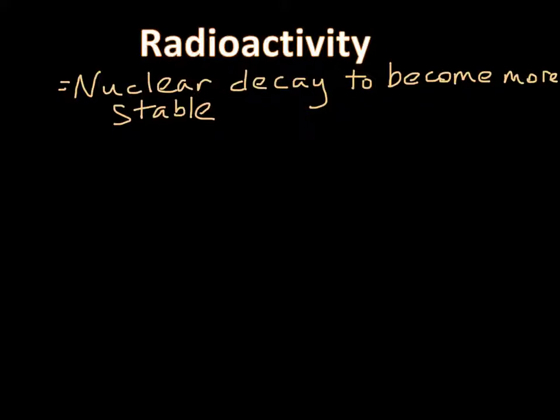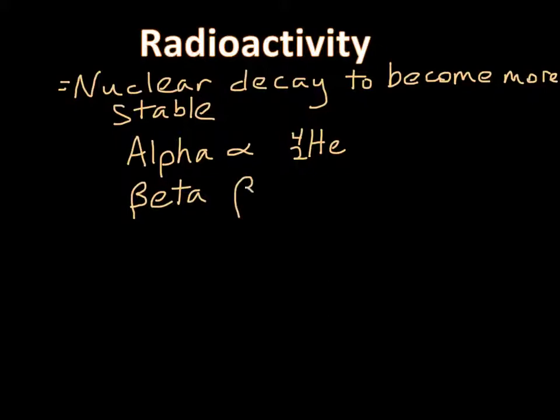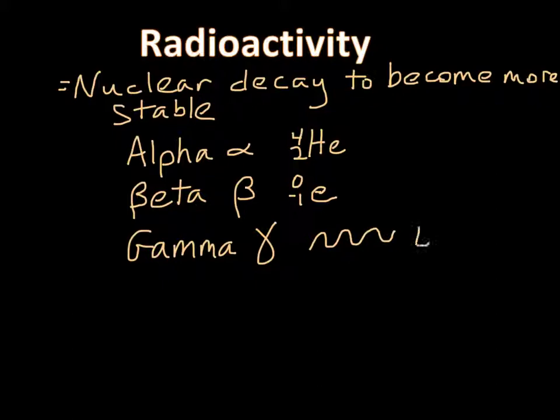This decay can occur by alpha radiation, which equates to a helium nucleus, beta radiation, which is a negative particle, or gamma, which is simply a form of energy being emitted. We don't have any equations for that because it doesn't change the mass of anything. But just to know that energy can be a product of radioactive decay.